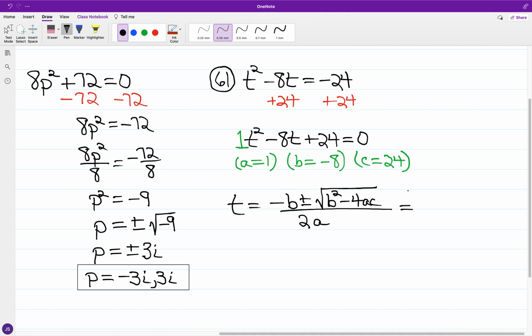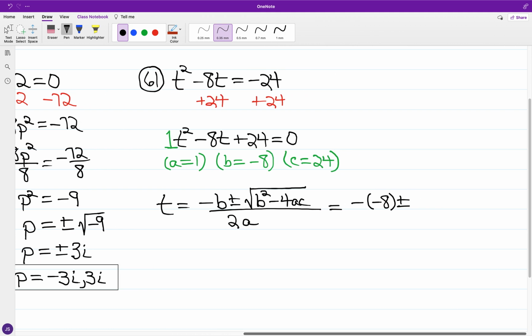And entering the substitution realm, we got negative b. Now b is a negative value, so I'll be taking the opposite sign of negative 8. And we have plus or minus the square root. And for b squared, you have the square of negative 8.